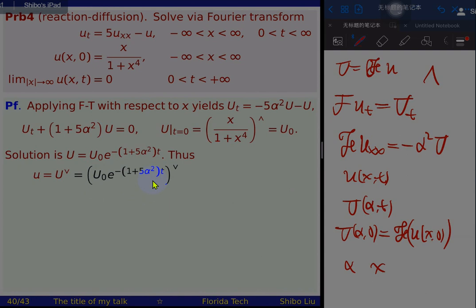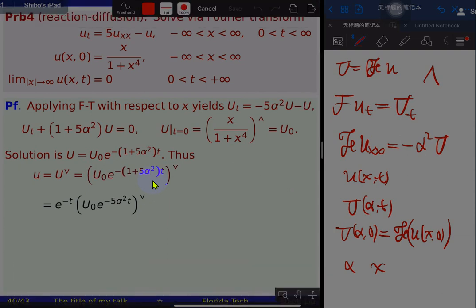Therefore, this term is e to the minus t times e to the minus 5 alpha squared t.